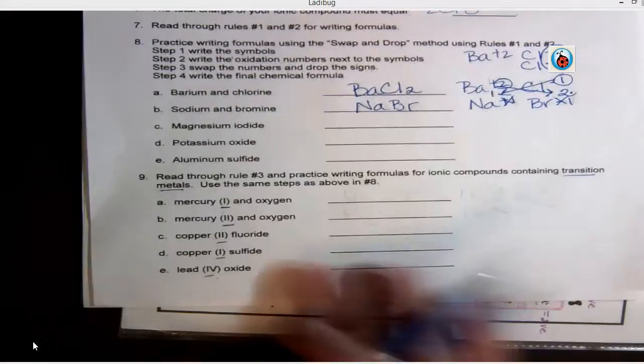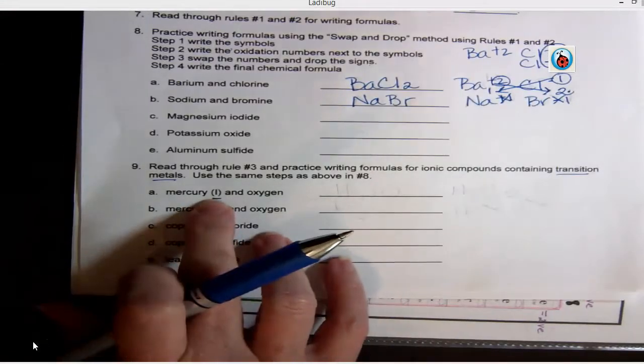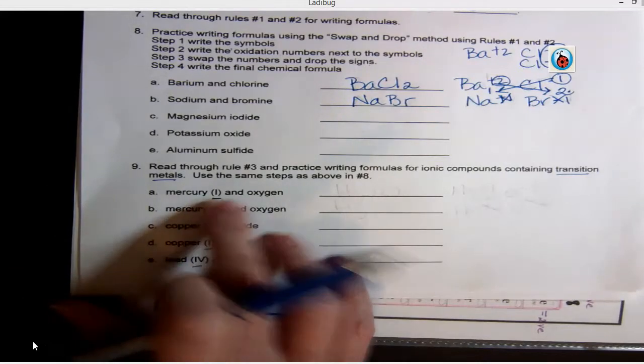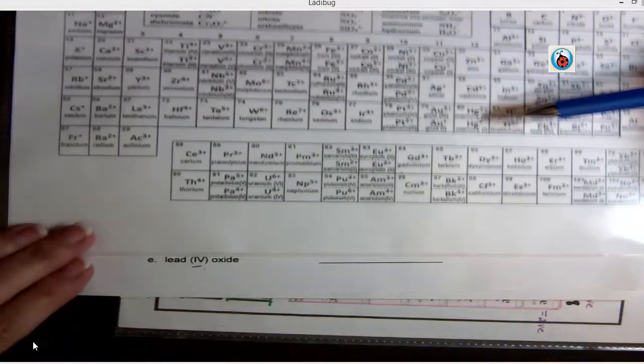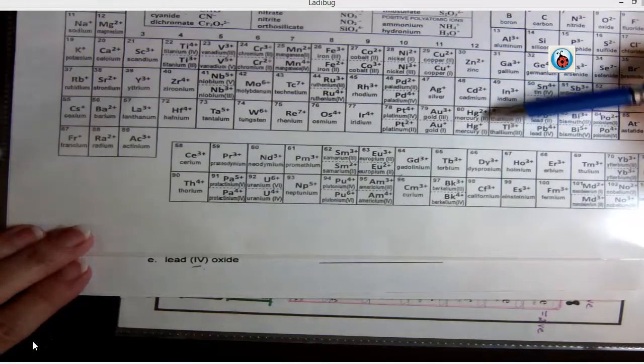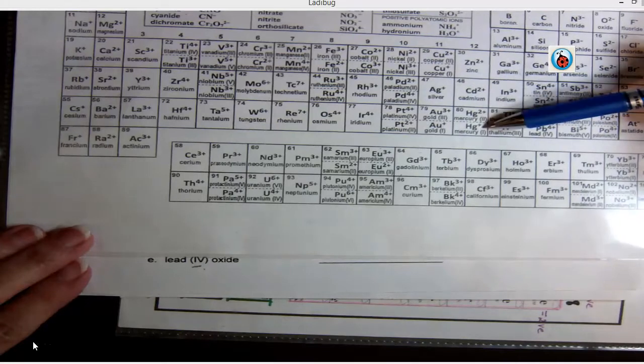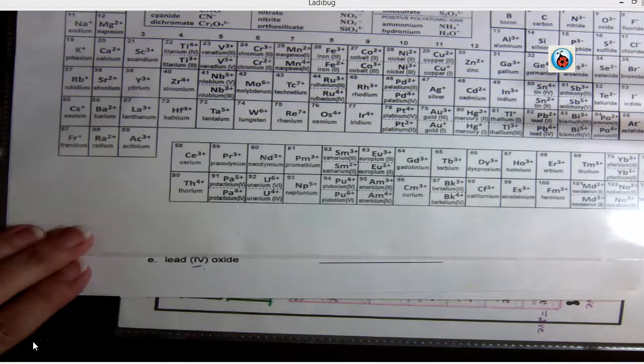So right here it says I'm going to use mercury 1 and oxygen. All right, well, mercury is number 80. Notice we have two choices here. We've got the +2 or the +1, and it says we're going to use the +1 mercury.